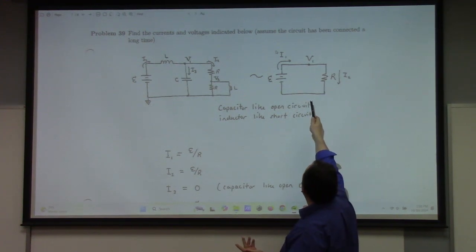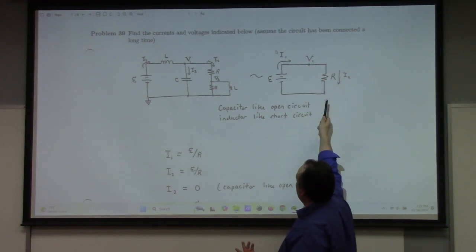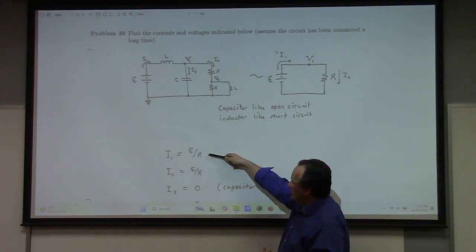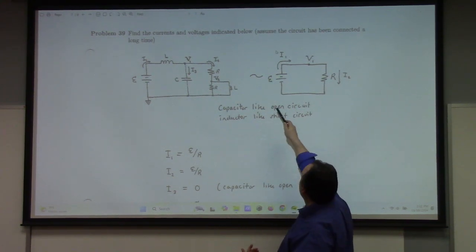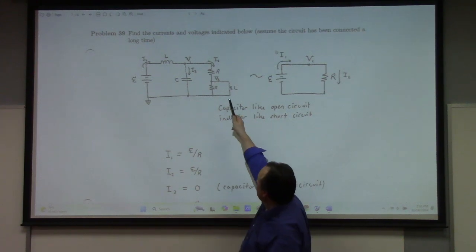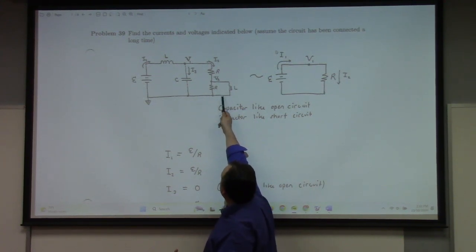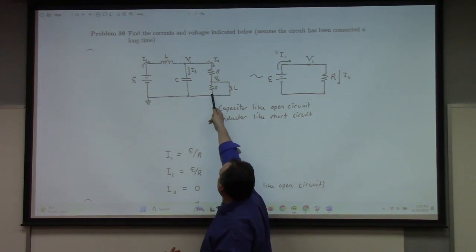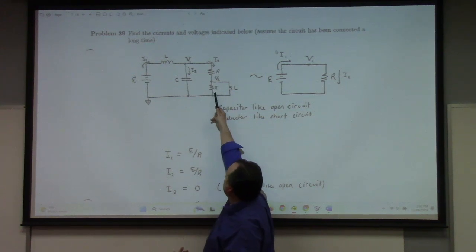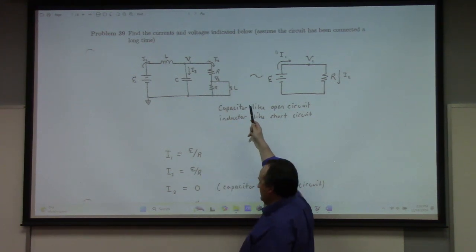So what's the current? It's just E over R. The total current, I1, is E over R. And the current that goes through 2 is also E over R, because no current goes through R, since all of the current goes through the inductor for long times. So no voltage is dropped across here at infinite time.